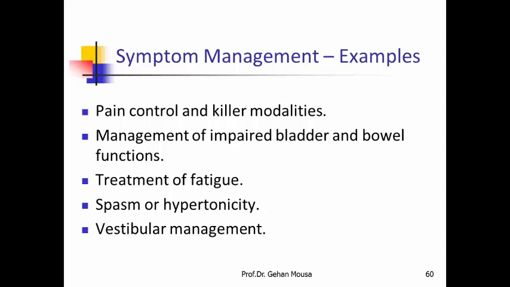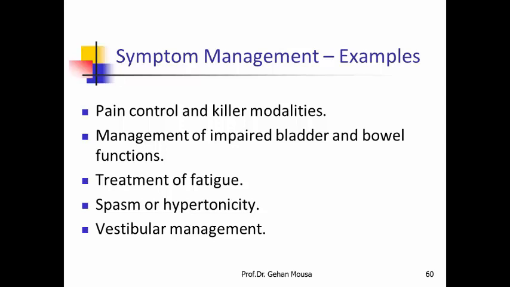We put some stress on bladder and bowel functions. Try to assess bladder and bowel functions and try to treat them, as we will see. Fatigue must be taken into consideration during the session, and the period of rest is very important.